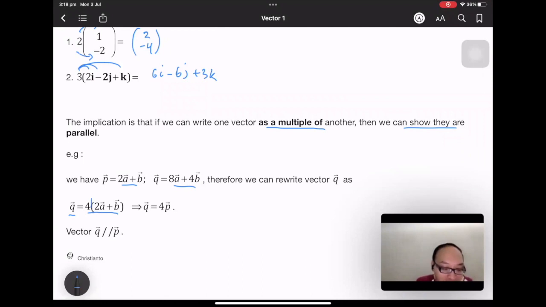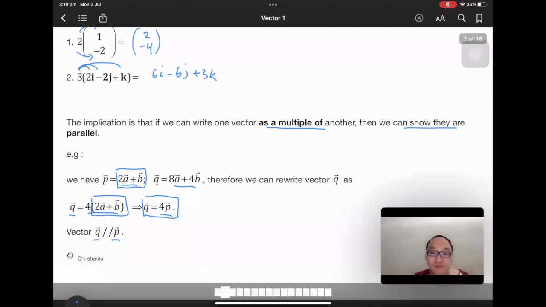Now, 2a plus b is the same as P. So therefore, we can say Q is 4P. That's why we can say that vector Q is parallel to vector P, because we can express Q as a scalar multiplication of the vector P.